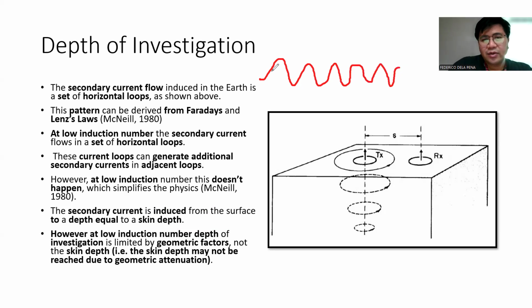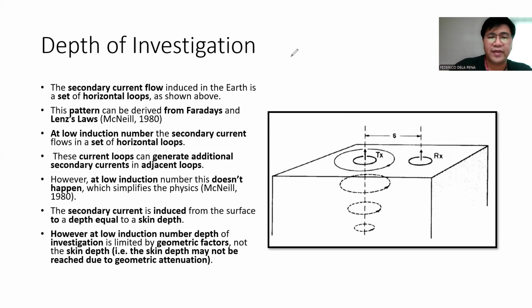Whenever you have a high frequency signal, you have a lot of cycles completed for every distance traveled. So in effect, they cycle a lot and they lose a lot of energy as they travel a short distance.